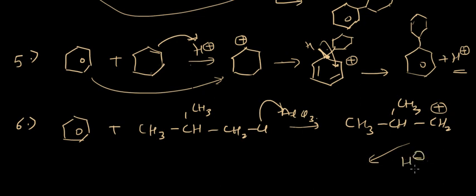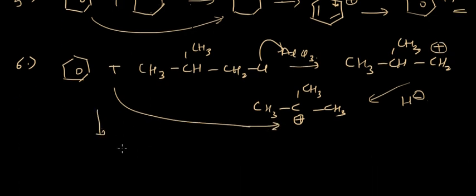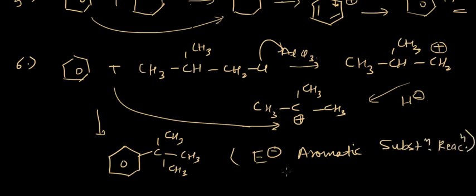The migratory aptitude of H minus is more than CH3 minus. Simple reason. So we'll get something like CH3 here and a carbocation here. This carbocation would be attacked by a benzene ring and we would get something like this as our product because of an electrophilic aromatic substitution reaction.